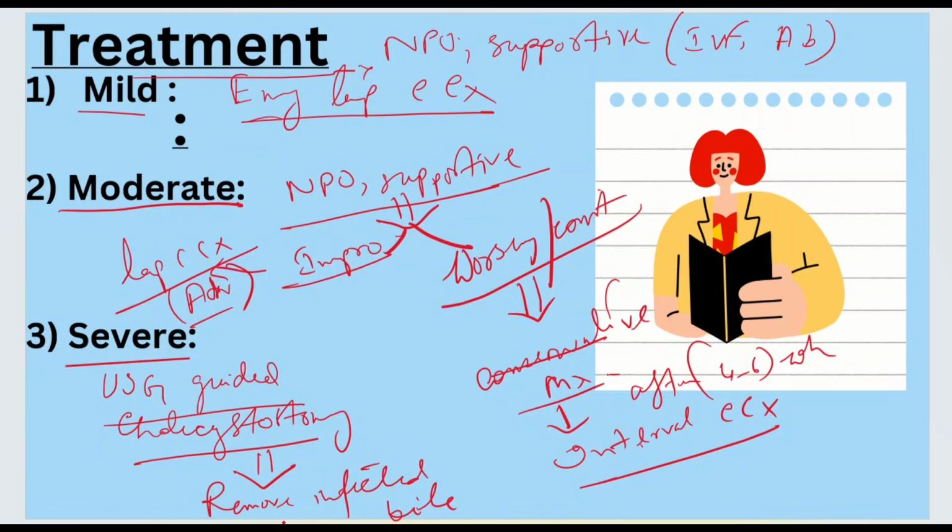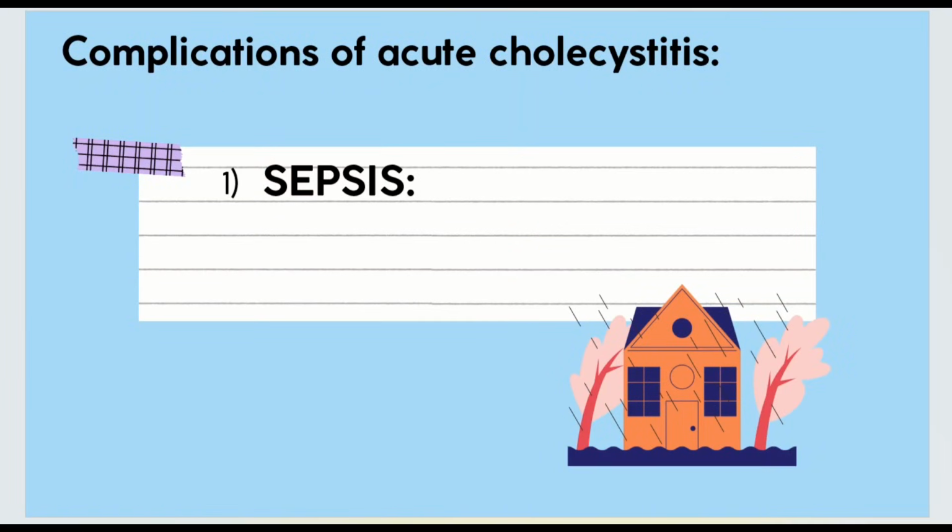Then we send the bile for culture sensitivity, and after stabilizing the patient, we can go for interval cholecystectomy. So this is the management protocol for cholecystitis.